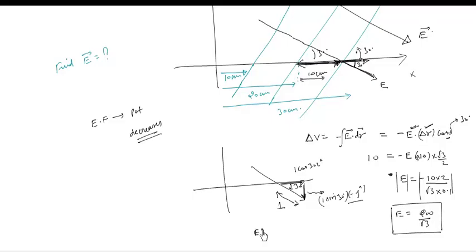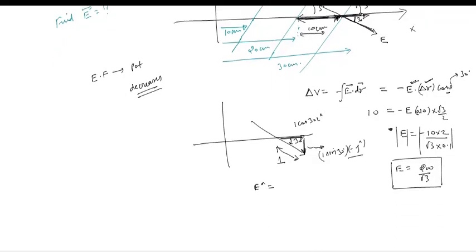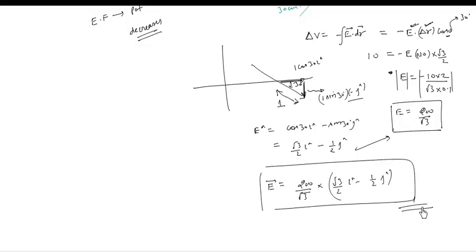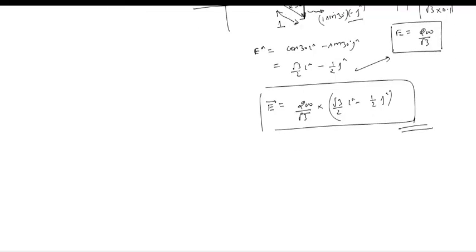So electric field unit vector is cos 30 i cap minus sin 30 j cap, so root 3 by 2 i minus 1 by 2 j. I put this unit vector with this electric field, then I get the final result, which is E vector equal to 200 by root 3 into root 3 by 2 i minus 1 by 2 j. So this is the final result for the calculation of electric field. Okay.